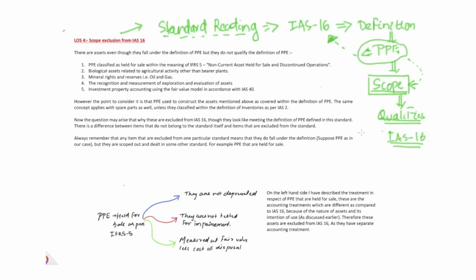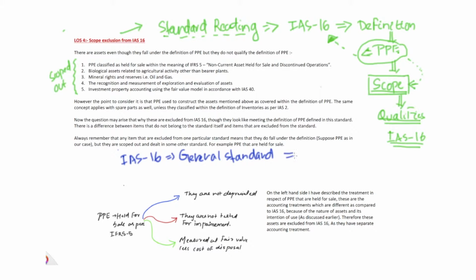then in such a case the accounting treatment for those assets is governed by IAS 16. There are also assets which are scoped out from IAS 16, even though they look like property, plant and equipment, or they do meet the definition of property, plant and equipment. The primary reason is that IAS 16 is a general standard, which deals with the general requirements.